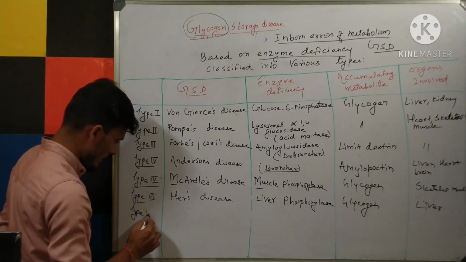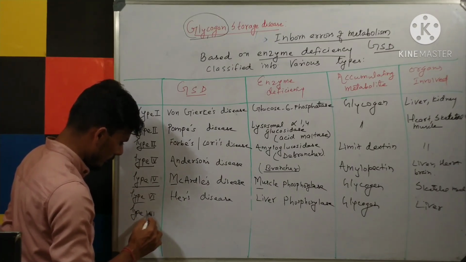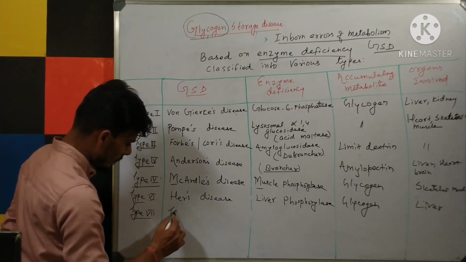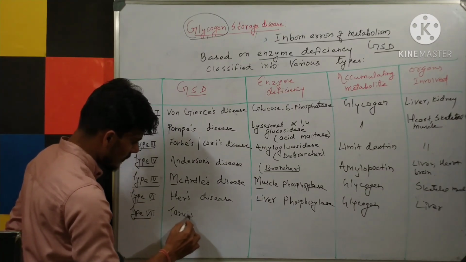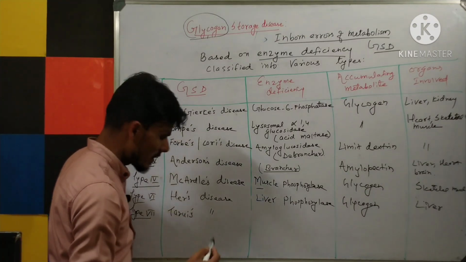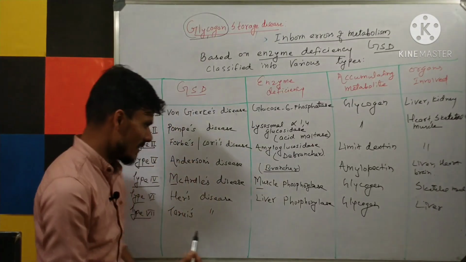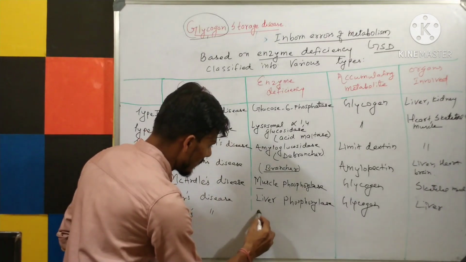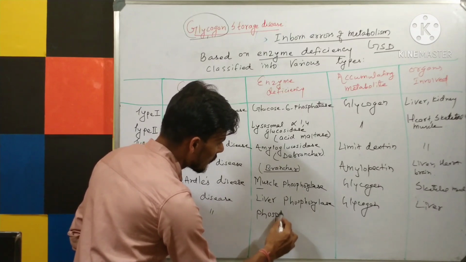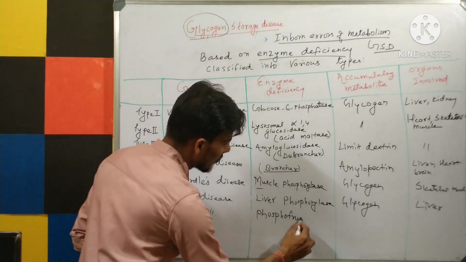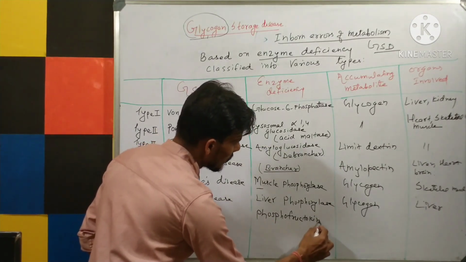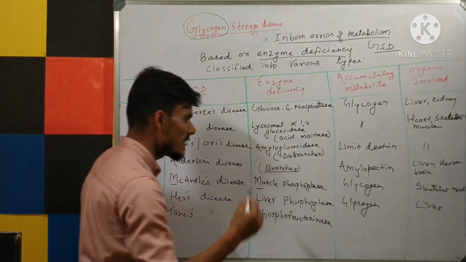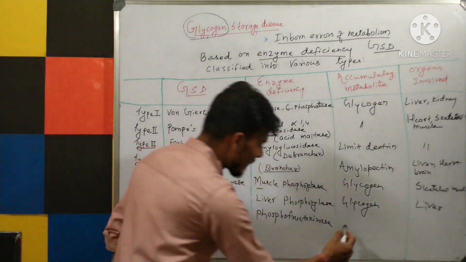If you see type 7, Tarui disease, the pronunciation may differ. In this case, the enzyme deficient is phosphofructokinase, and the accumulating metabolite is glycogen.